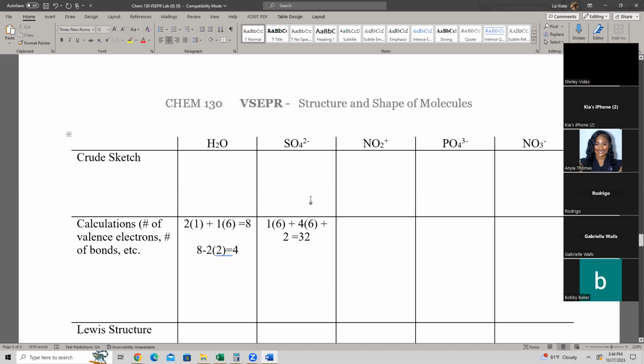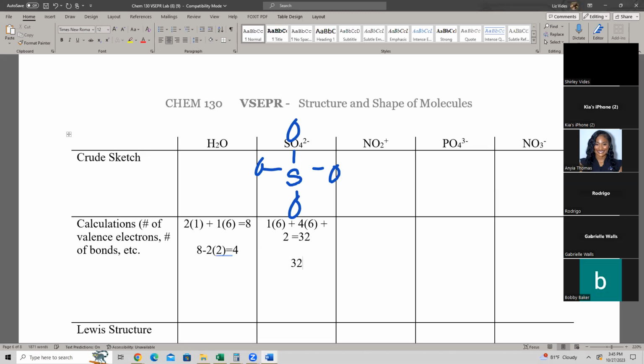All right, now do your sketch. Let's do blue this time, just to have something different. Okay, so S, and O, O, O, O. So there you go. Now you need to do your math again. All right, we have 32.